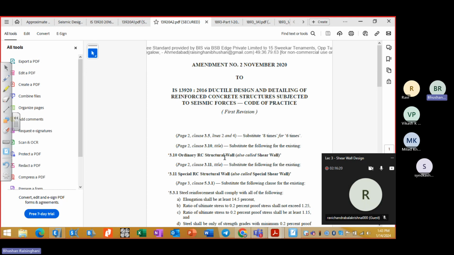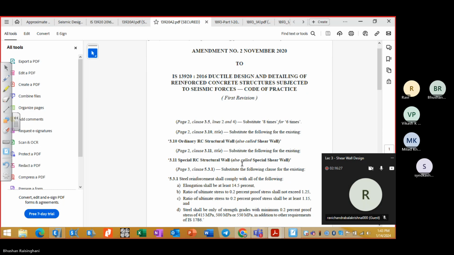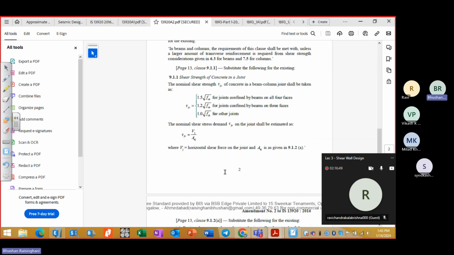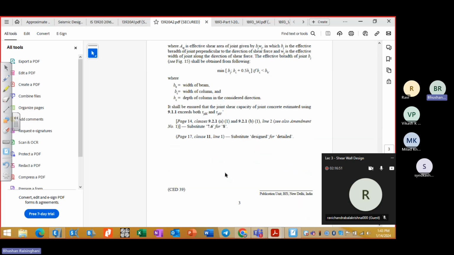So ordinary RC structural wall is also called shear wall. So wherever you are mentioning shear wall, it is ordinary. Where it is special shear walls, you will have special RC structural walls. So 10.3.2, no change, that means it is consistent.